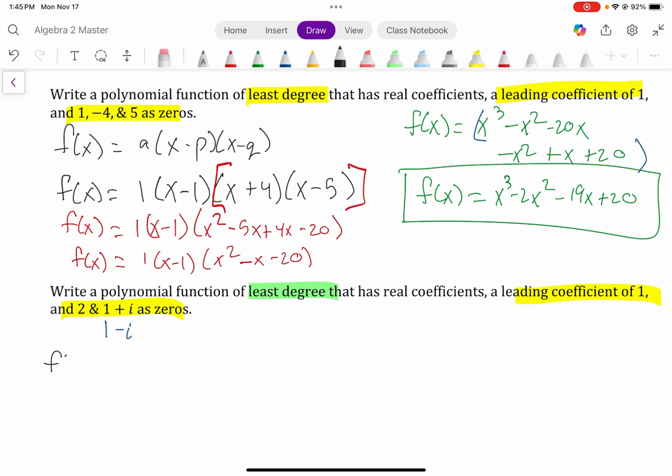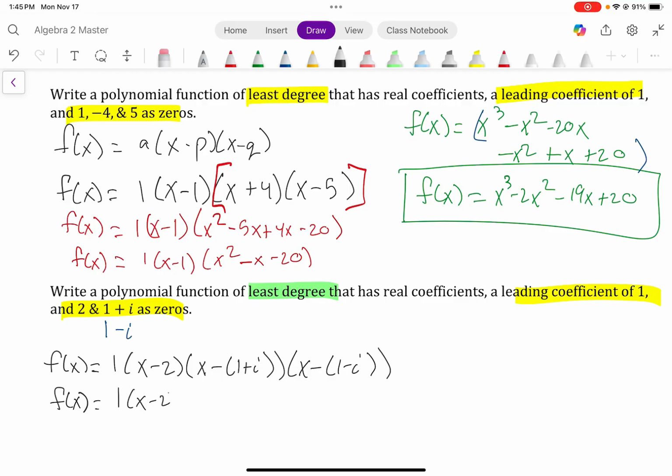So f of x is 1 times x minus 2 times x minus (1 plus i) times x minus (1 minus i). This is the official way of doing this. Notice I put parentheses around 1 plus i and 1 minus i.